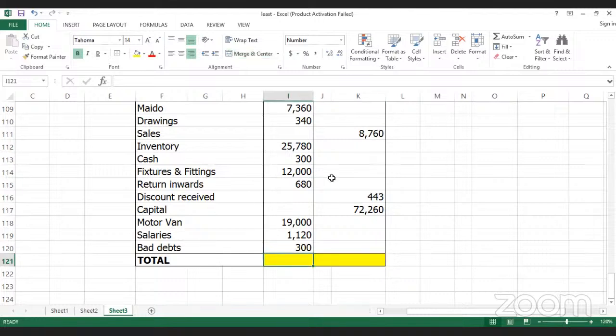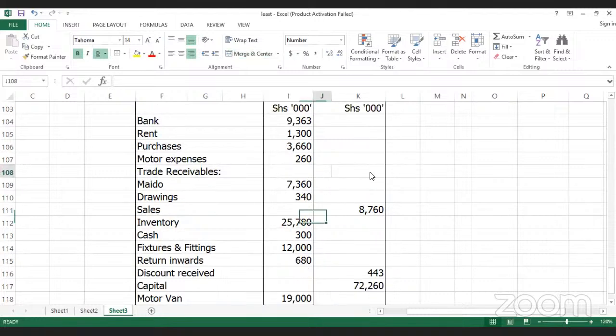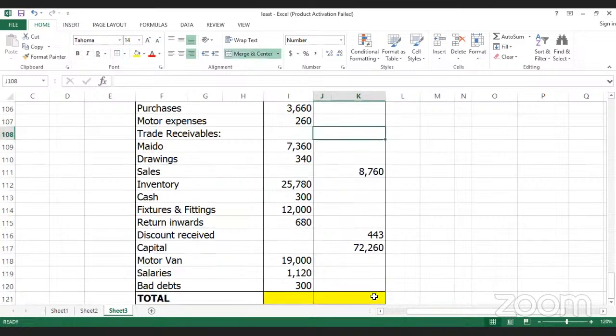Someone can add the credit totals, because on credits we just have 3 figures. So credit, what do we have? I have 81,463 credit.